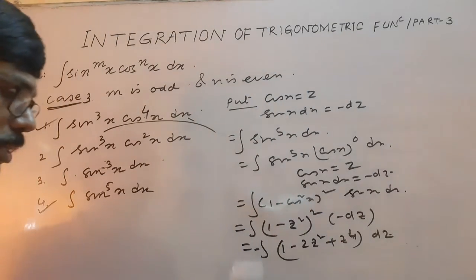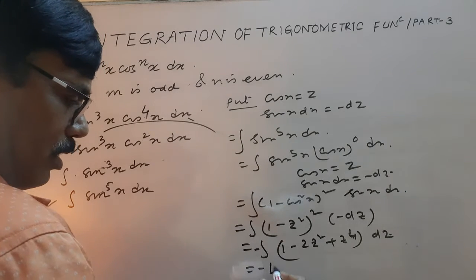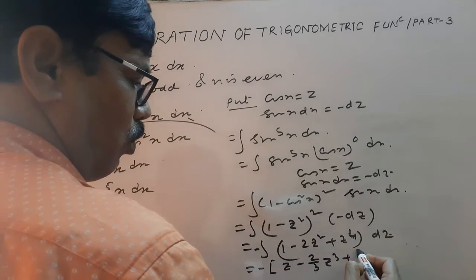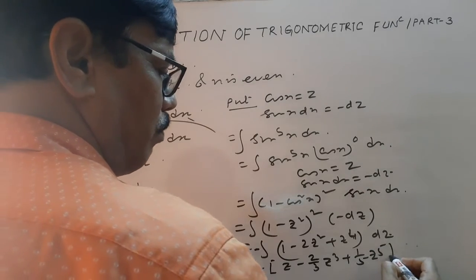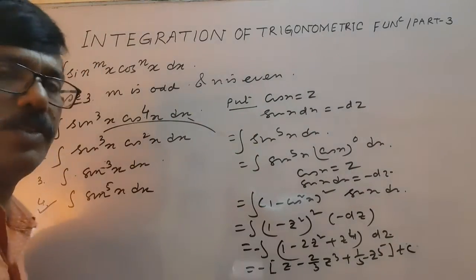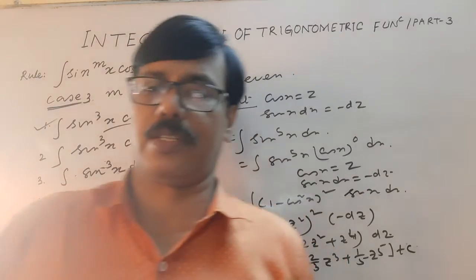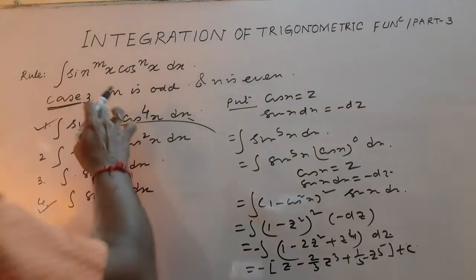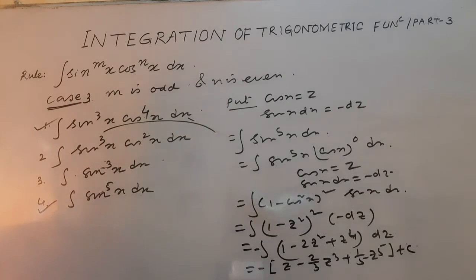So next step is minus z minus 2 by 3 z cube plus 1 by 5 z to the power 5 plus c, where z equals cos x. So this is case 3.